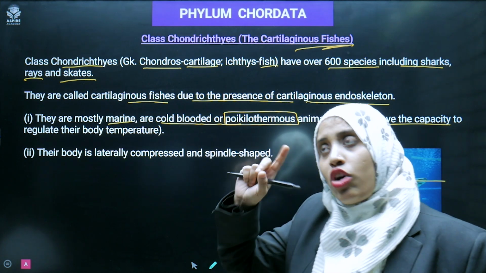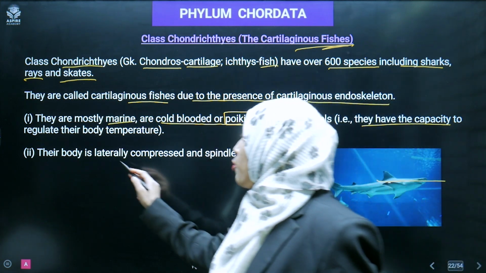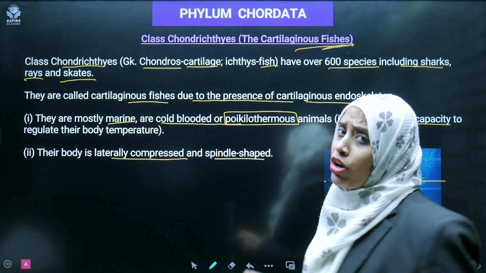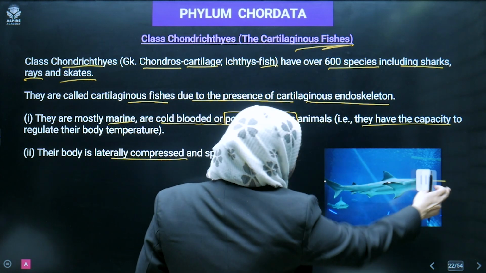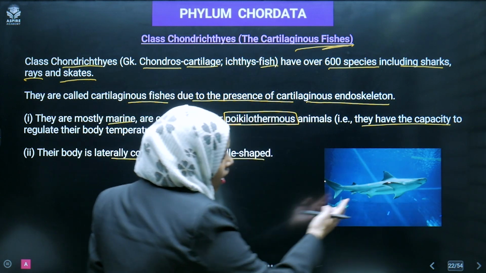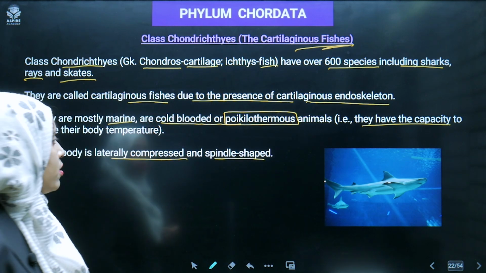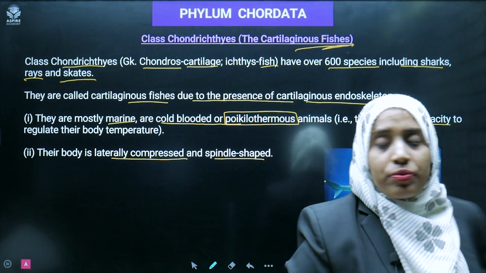Their body temperature according to the environmental condition they can just alter. Their body is laterally compressed and has a spindle shaped body. So they have a spindle shaped body. Spindle shaped, and it is a compressed form, a compressed body.